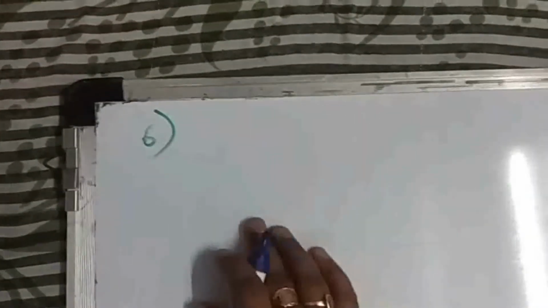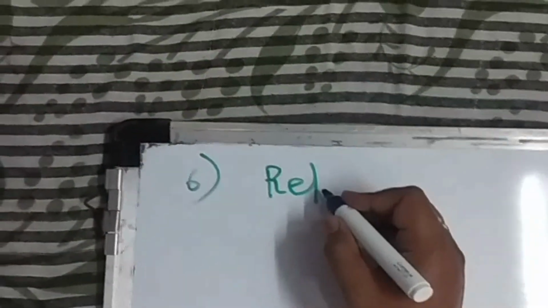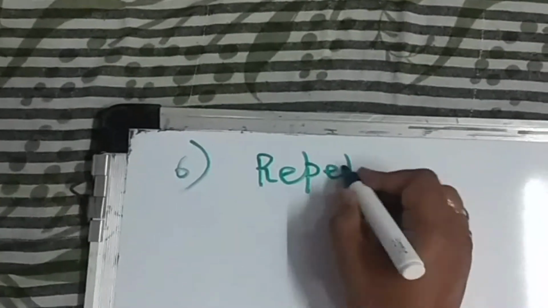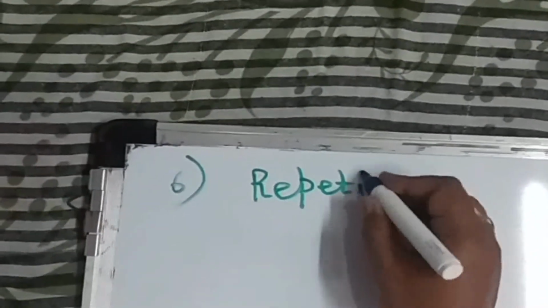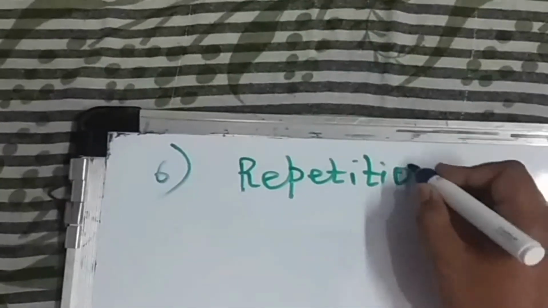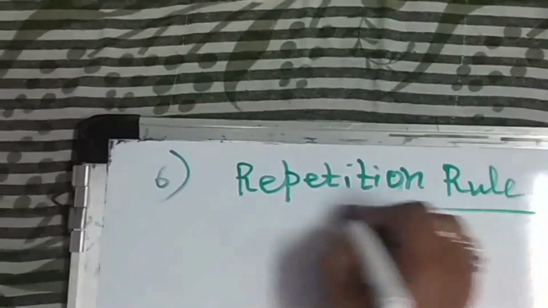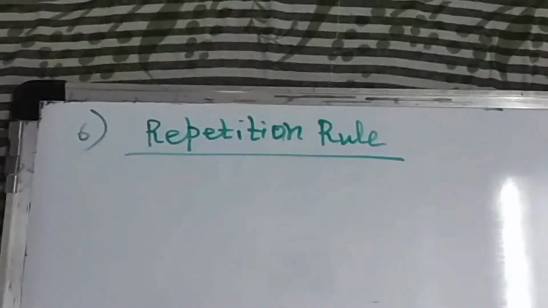Listen carefully. The 6th property or the 6th rule is called the repetition rule, or repetition property. So what is that repetition rule?